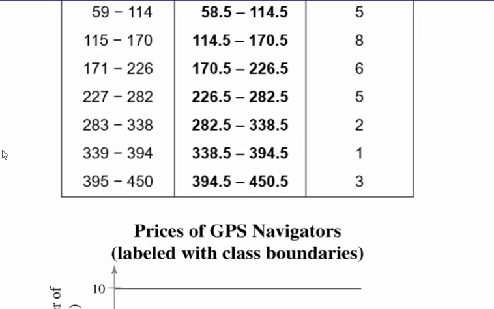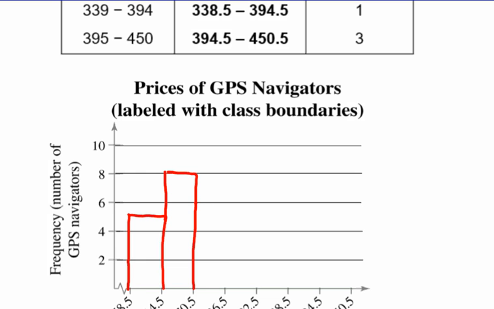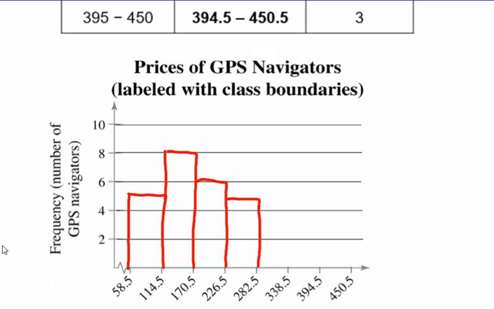Next level after that, I had 6. Then I had 5. Then I had 2. Then I had 1. And then I had 3 on the expensive upper end. And there's my frequency histogram.